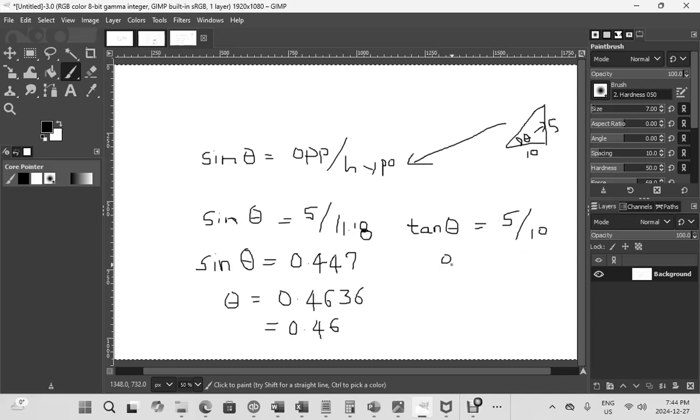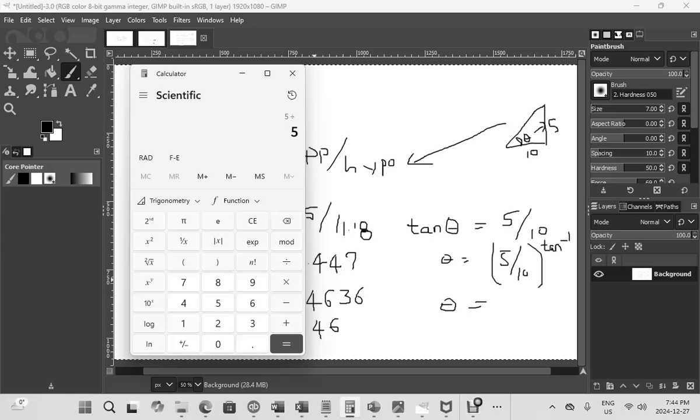Which means your theta will be the inverse tan of 5 divided by 10, which is 0.5 or half.